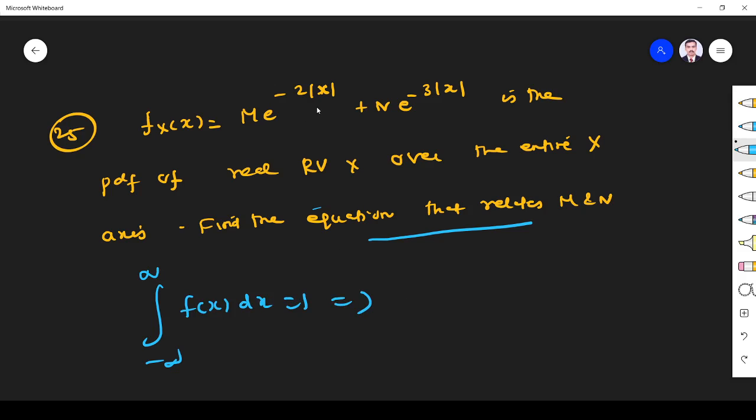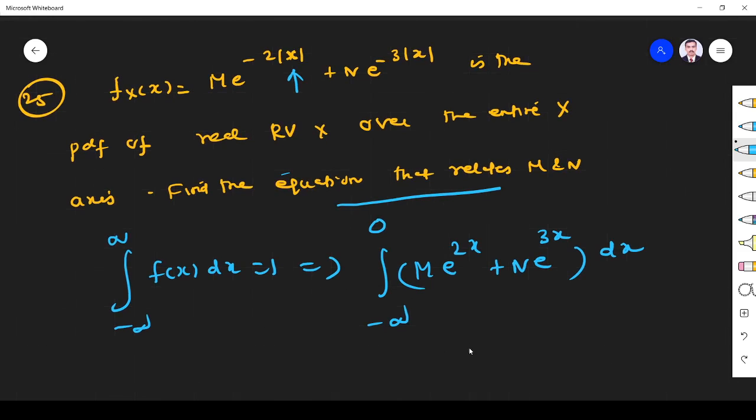This implies we go from minus infinity to 0 for negative x. If x is negative, it becomes m e power 2x plus n e power 3x, because we take negative x. We integrate with respect to x from minus infinity to 0, and for negative x it will become e power plus x.